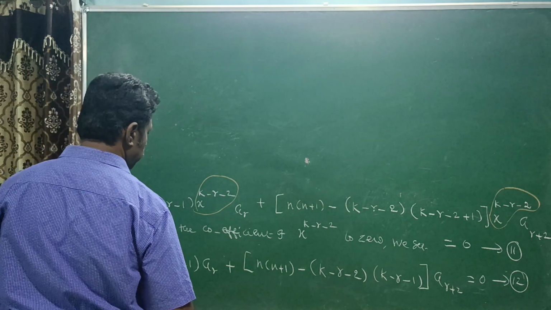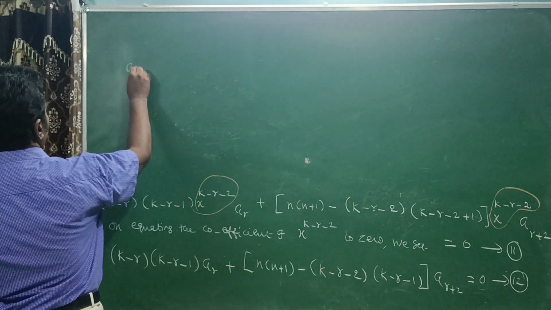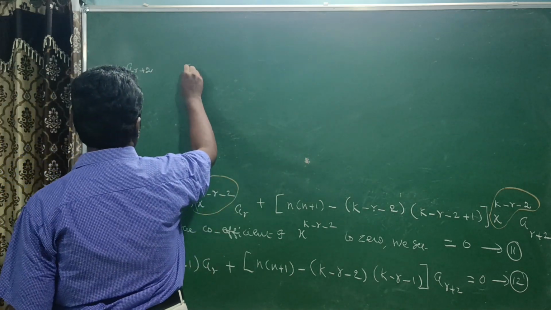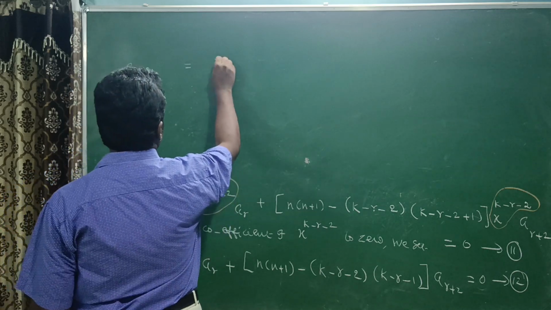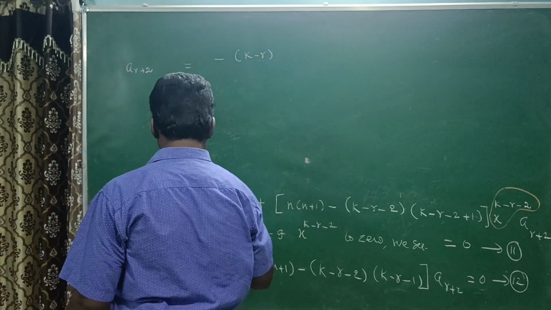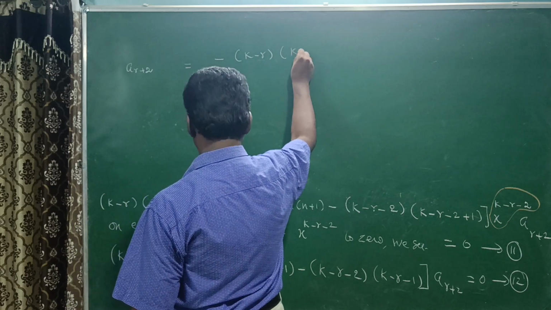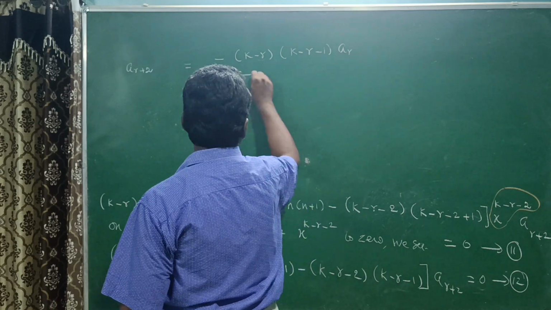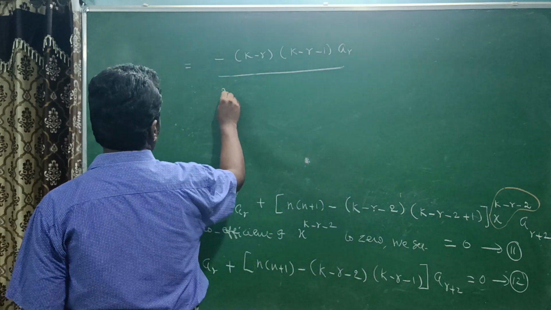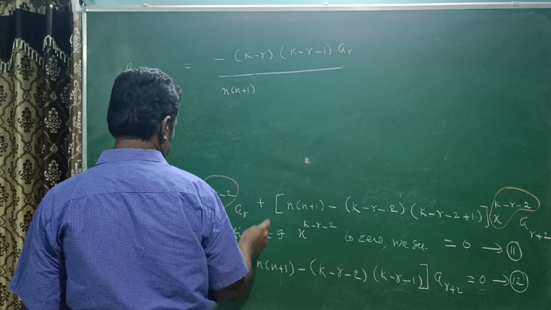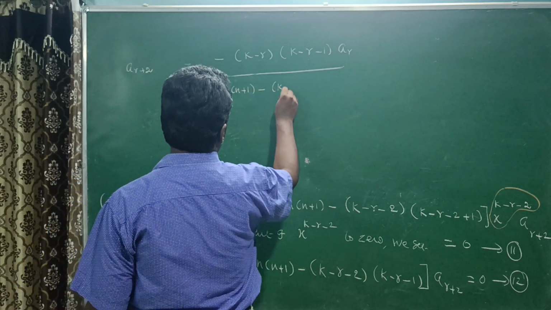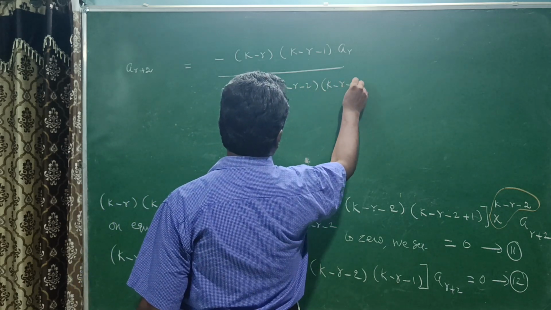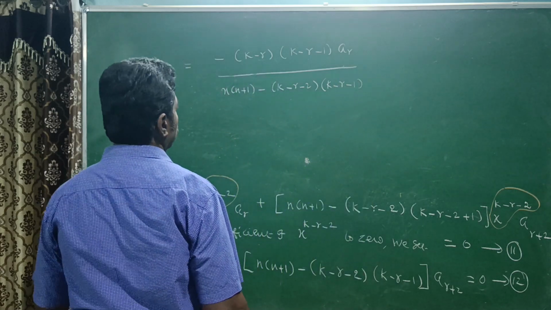From this, the value of a r plus 2 is equal to minus k minus r into k minus r minus 1 into ar divided by this term n into n plus 1 minus k minus r minus 2 into k minus r minus 1.